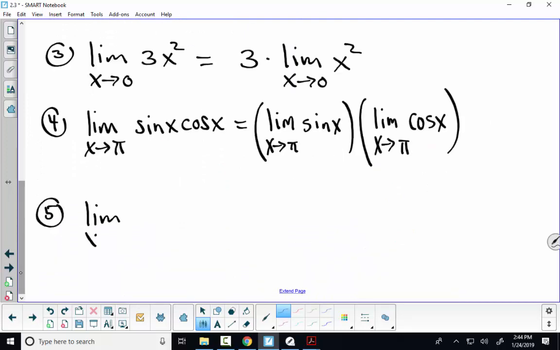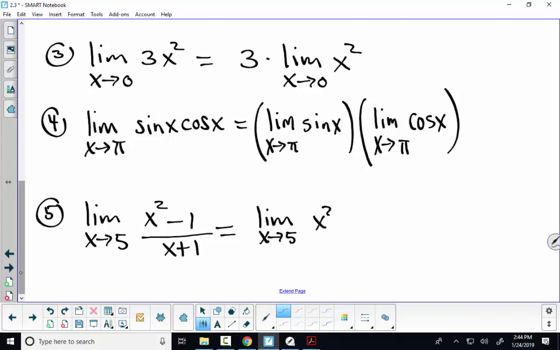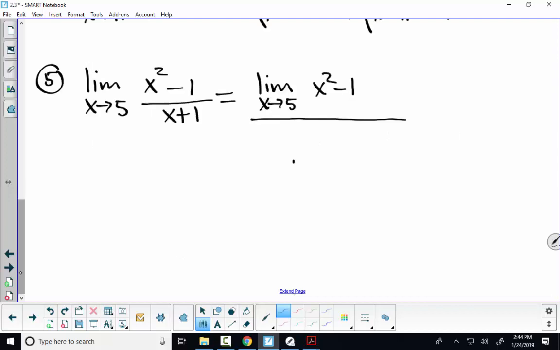So the limit as x approaches 5 of, let's just do, x squared minus 1 over x plus 1, says that we can view that as taking the limit as x approaches 5 of our numerator and dividing that by the limit on our denominator.